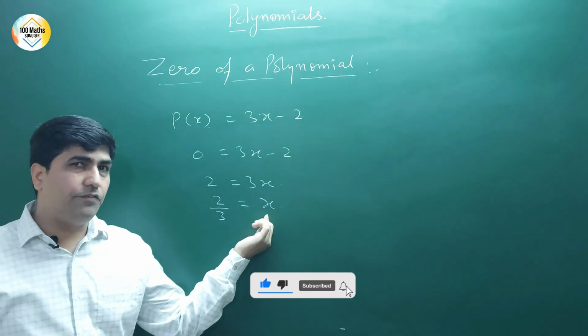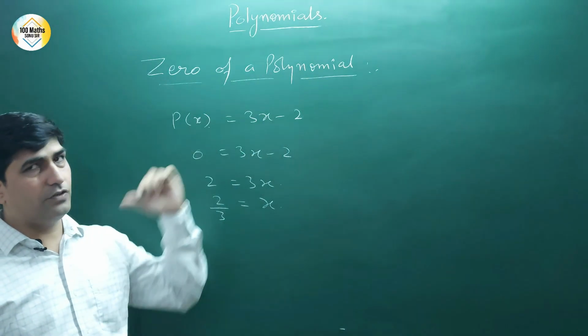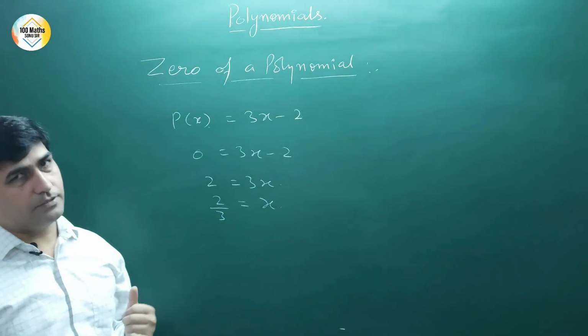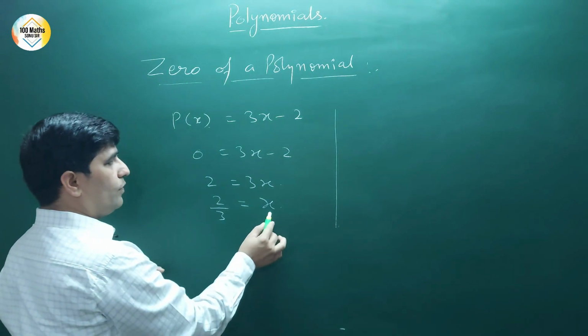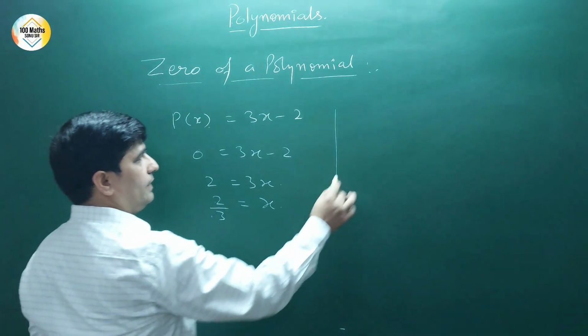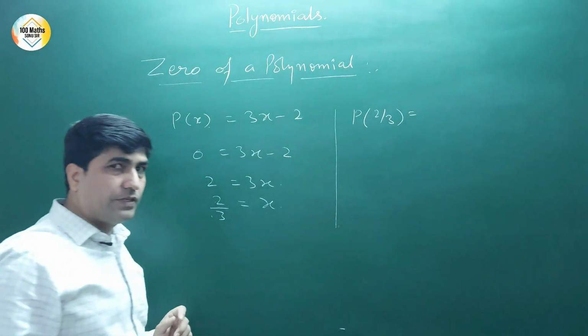Now if we substitute this value of x in the given polynomial, what will happen to this polynomial? Look at this. I am asking you to calculate p of 2 by 3, right?